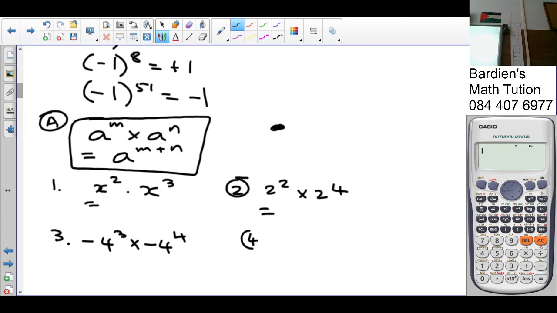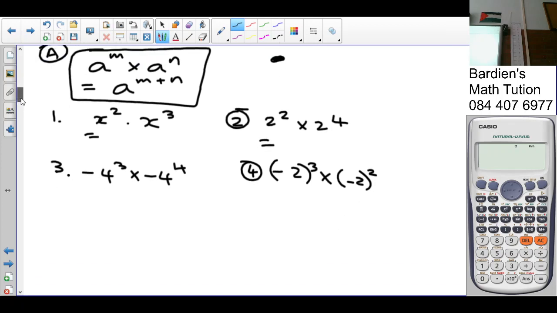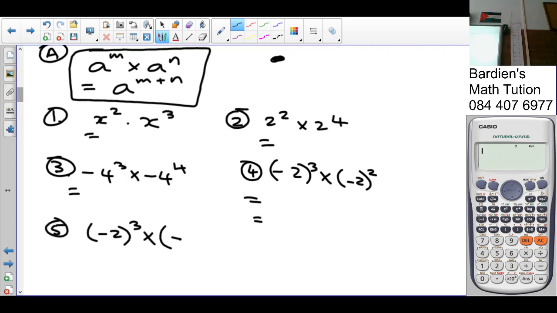Number 4, you've got negative 2 cubed times negative 2 cubed, squared, sorry. And then number 5, negative 2 cubed times negative 2 squared.